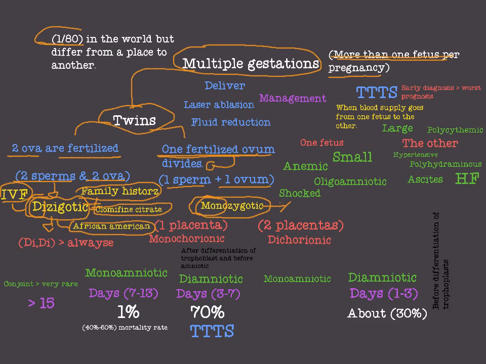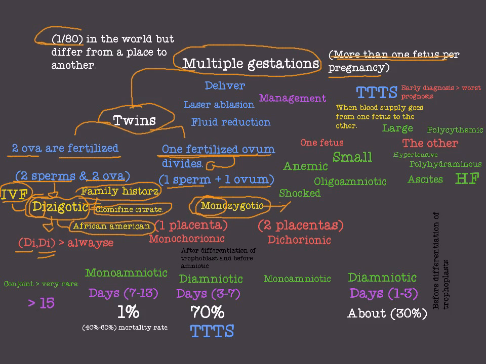In the dizygotic type, the fetuses will be dichorionic diamniotic. What do we mean by dichorionic? It means that each baby of the twins has his own placenta; chorionic is the opposite of placenta.